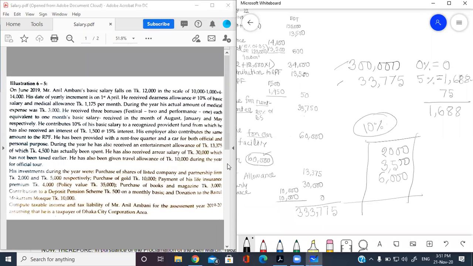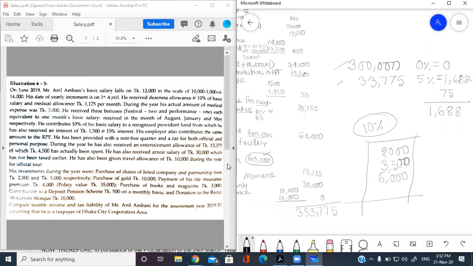Another thing I would like to note related to this: Muslims are very likely to contribute zakat every year as their religious responsibility. For zakat contribution, investment tax allowance is available, given that you don't pay zakat personally.